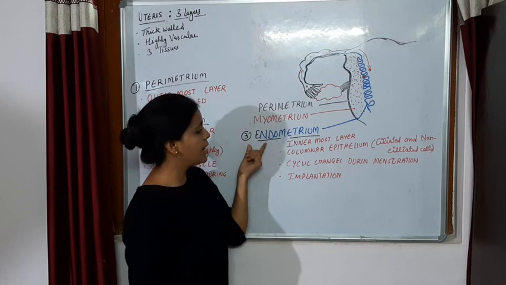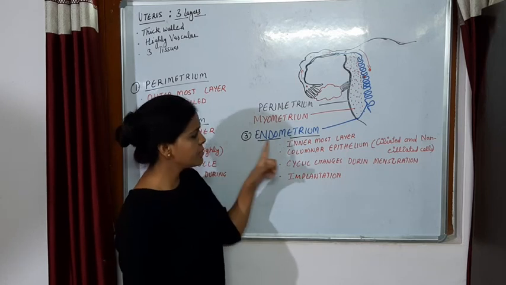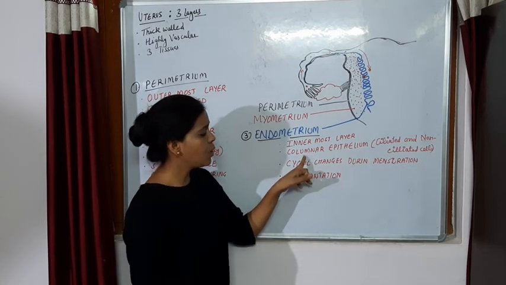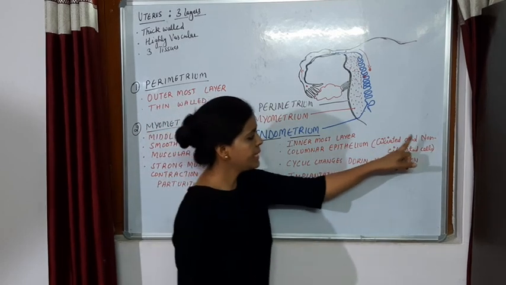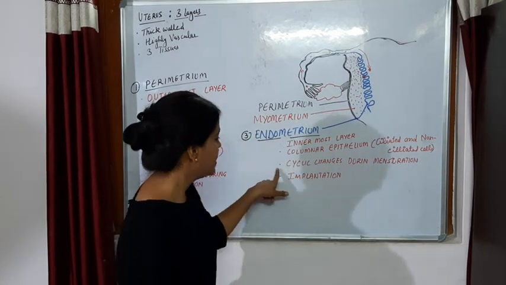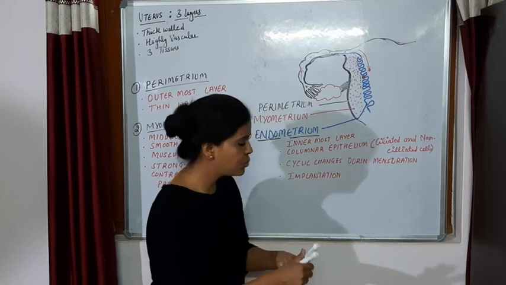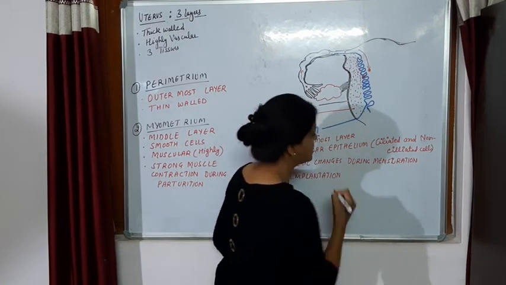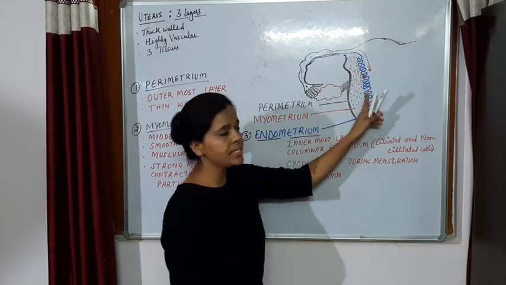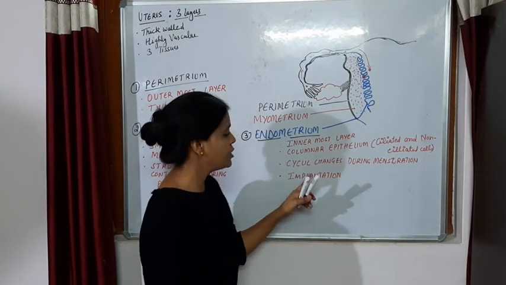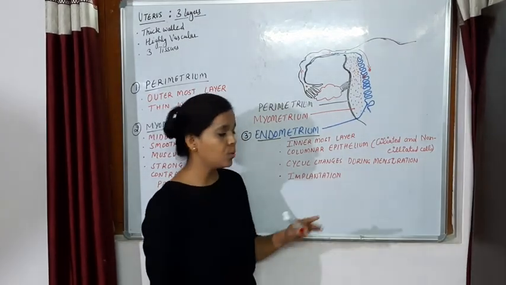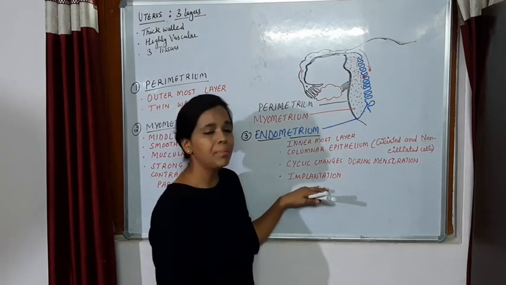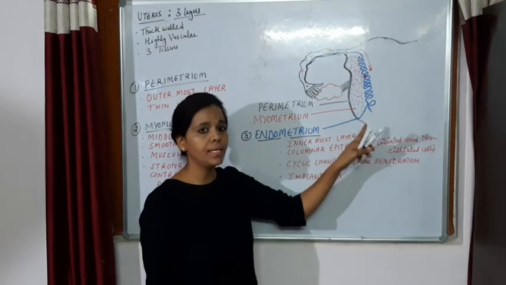Then next one is the endometrium. Endometrium is the innermost layer. Again, columnar epithelium, ciliated and non-ciliated cells. Cyclic changes during menstruation are seen in this layer. And implantation of the growing fetus or embryo happens in this layer only, right?